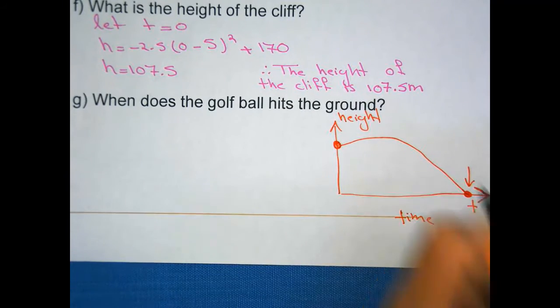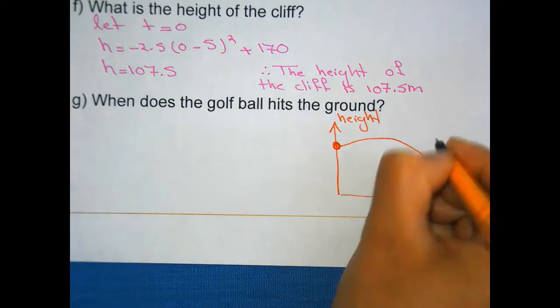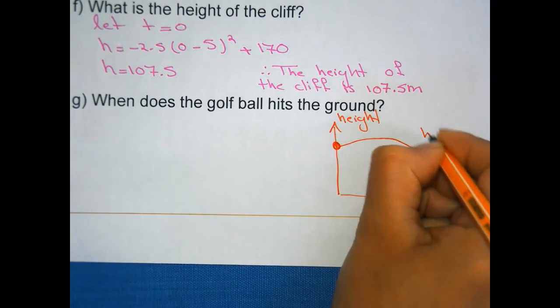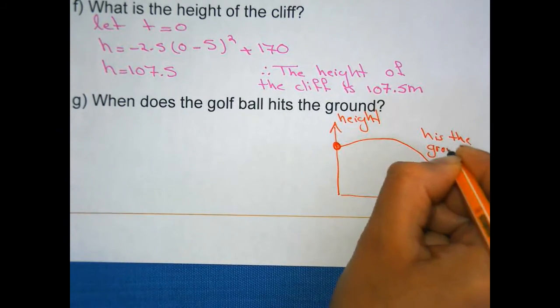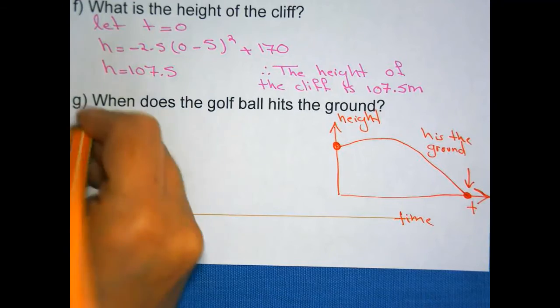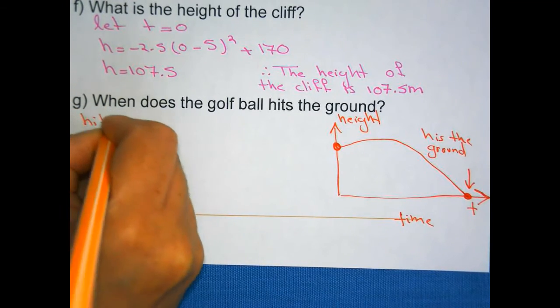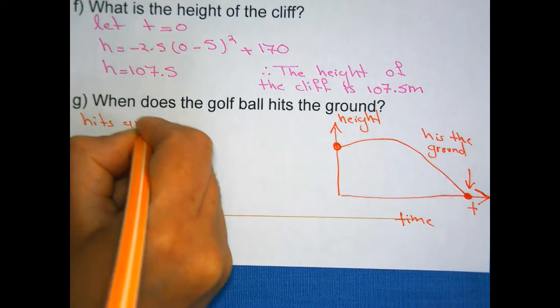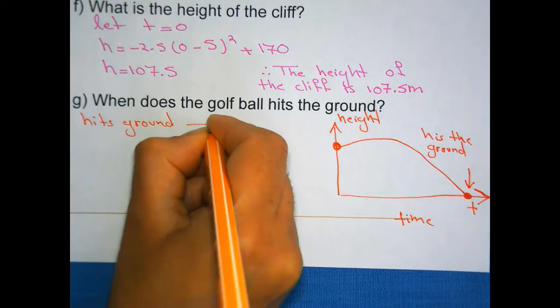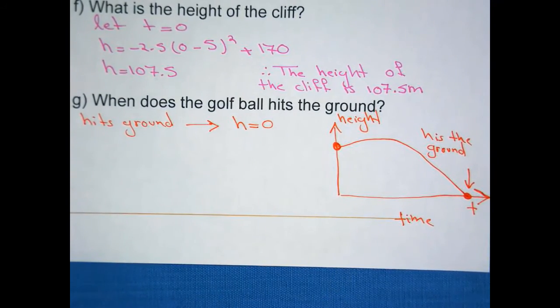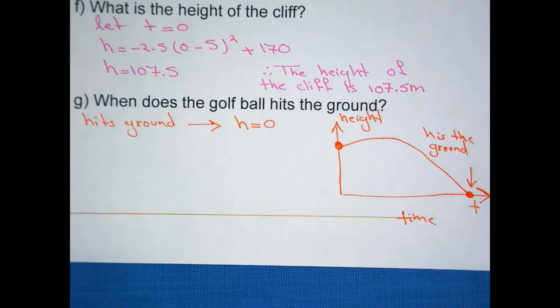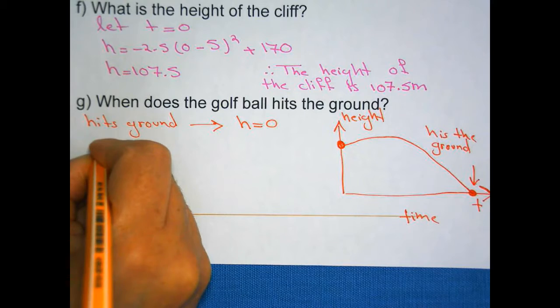This is where it hits the ground. Hits the ground means height is 0. So that means in our equation we are going to put 0 for h.